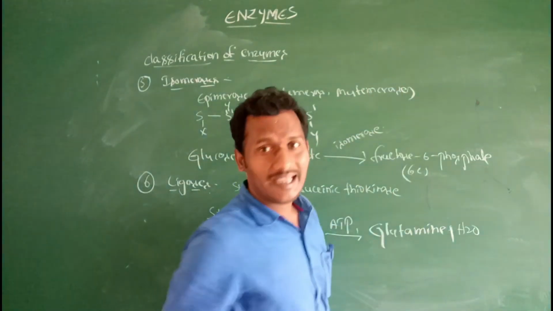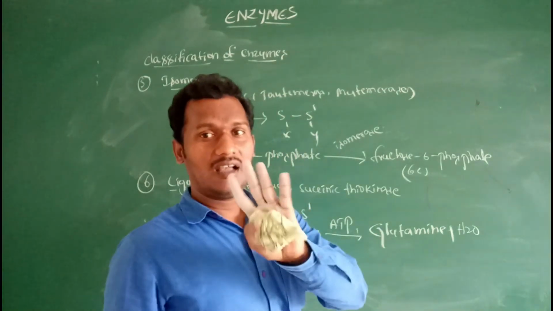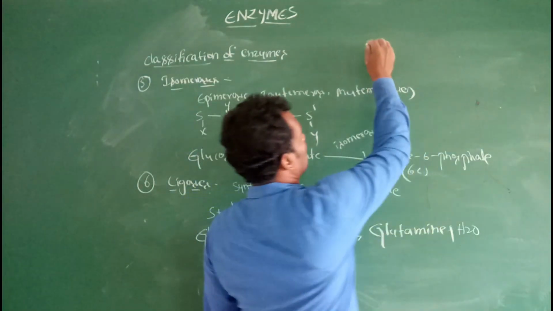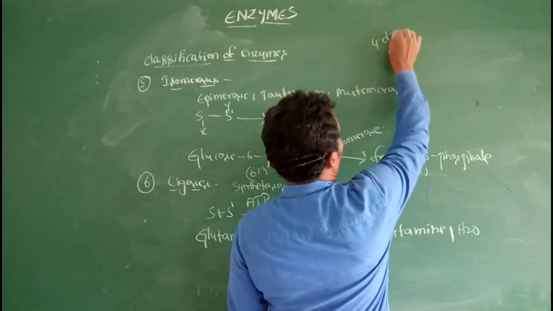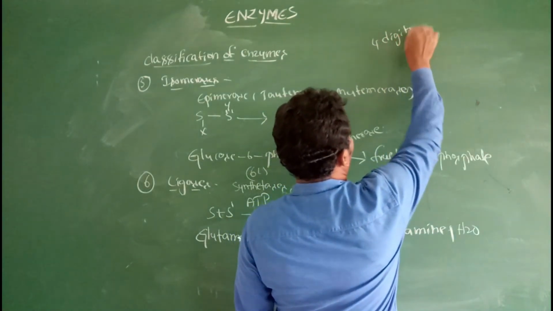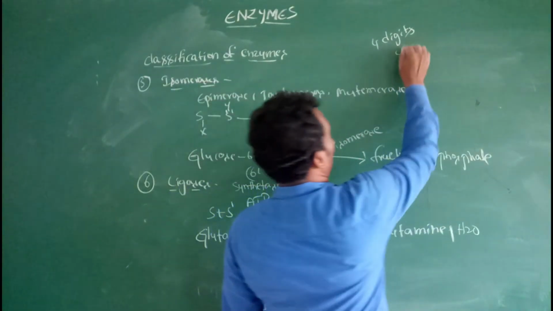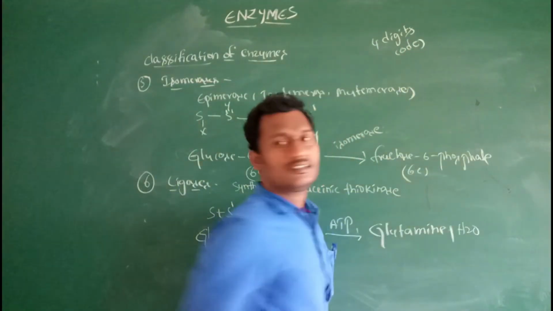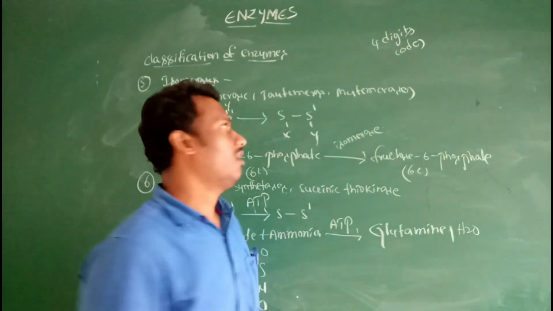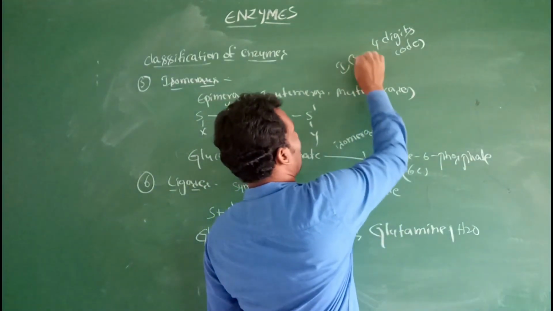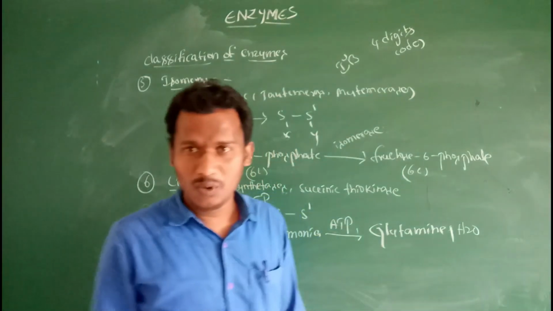Next one, each enzyme name contains 4 digits. That means 4 codes are present. Each enzyme name contains 4 codes according to the IUB, International Union of Biochemistry.